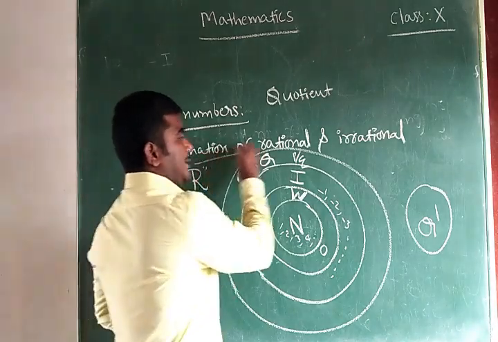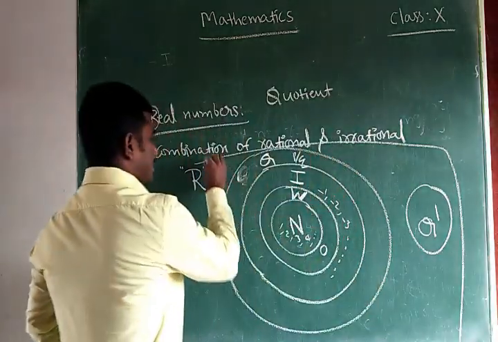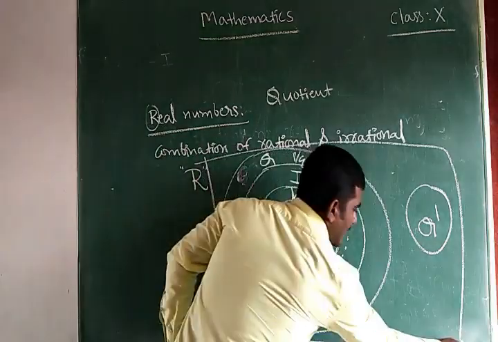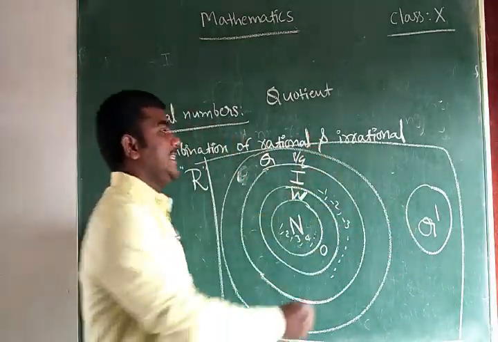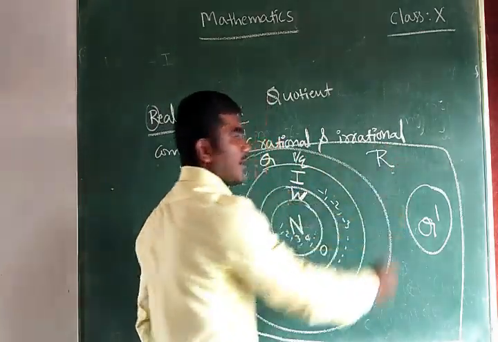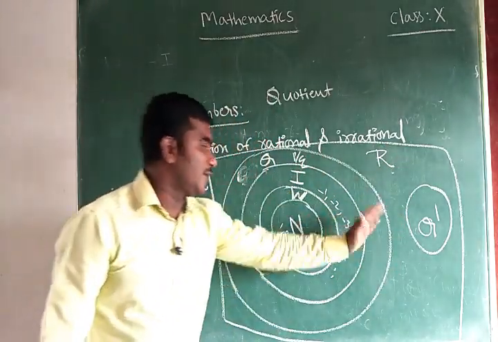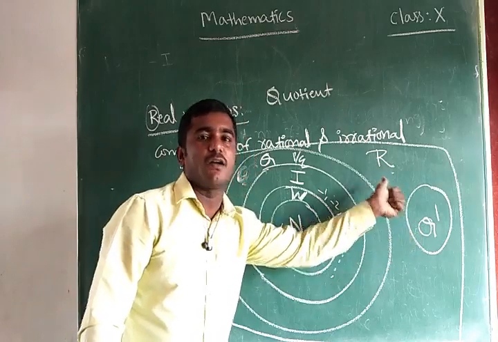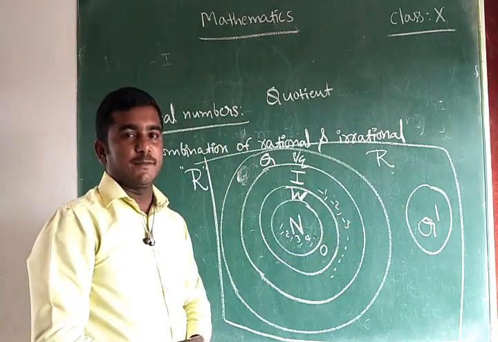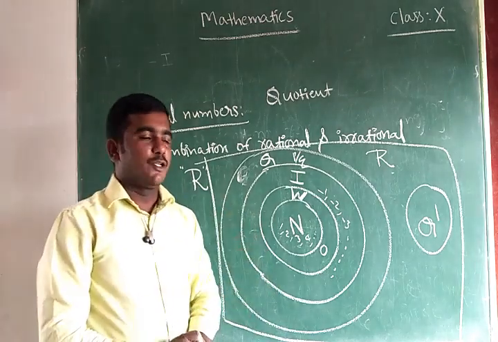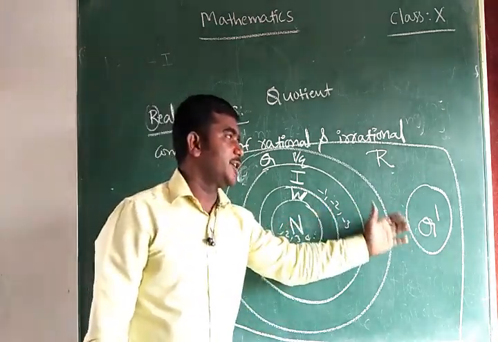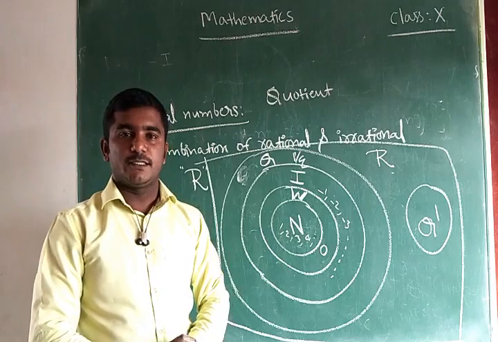Now the combination of rational and irrational numbers is called real numbers. This is all real numbers. Is it clear? This is about the number system.